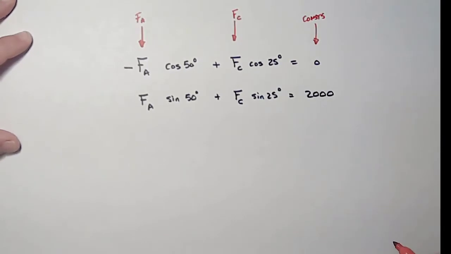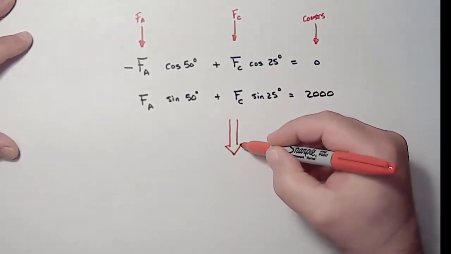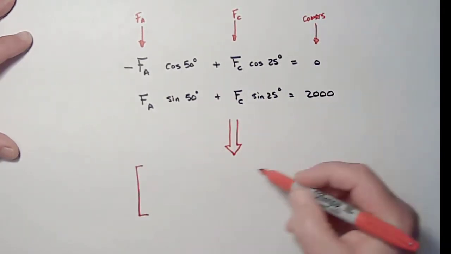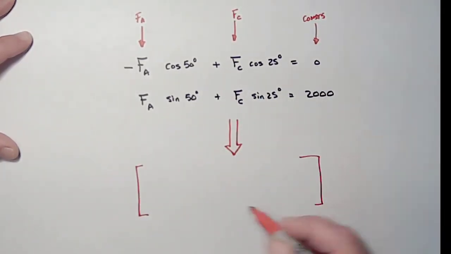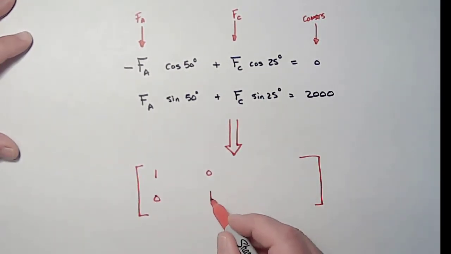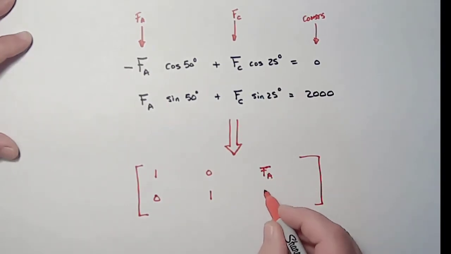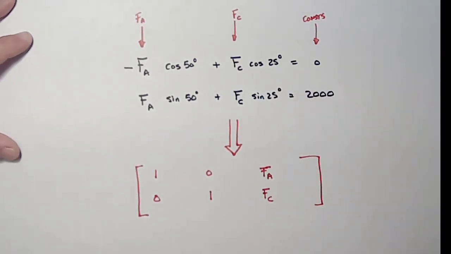Okay. And my goal is to turn this into this matrix: 1, 0, 0, 1, FA, and FC.